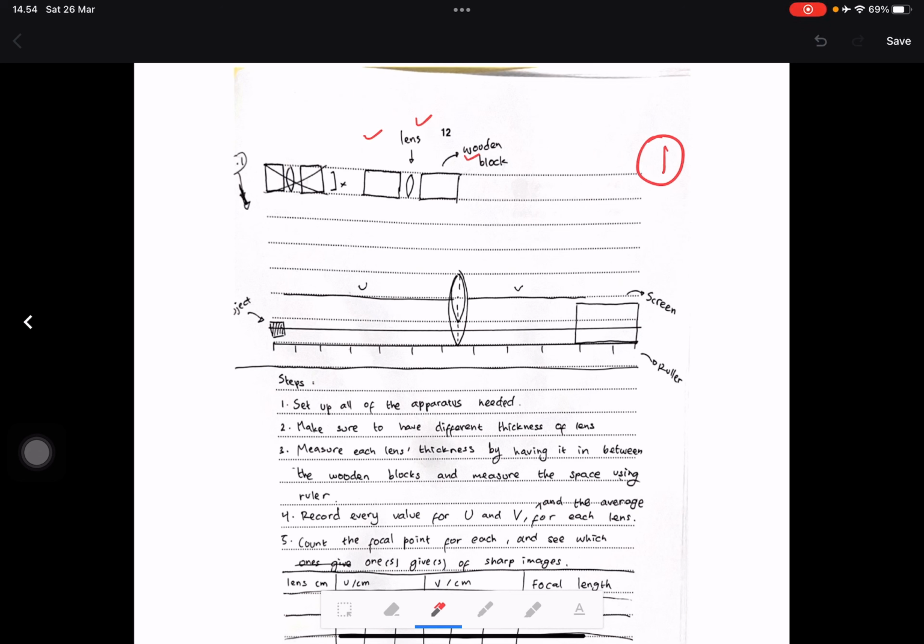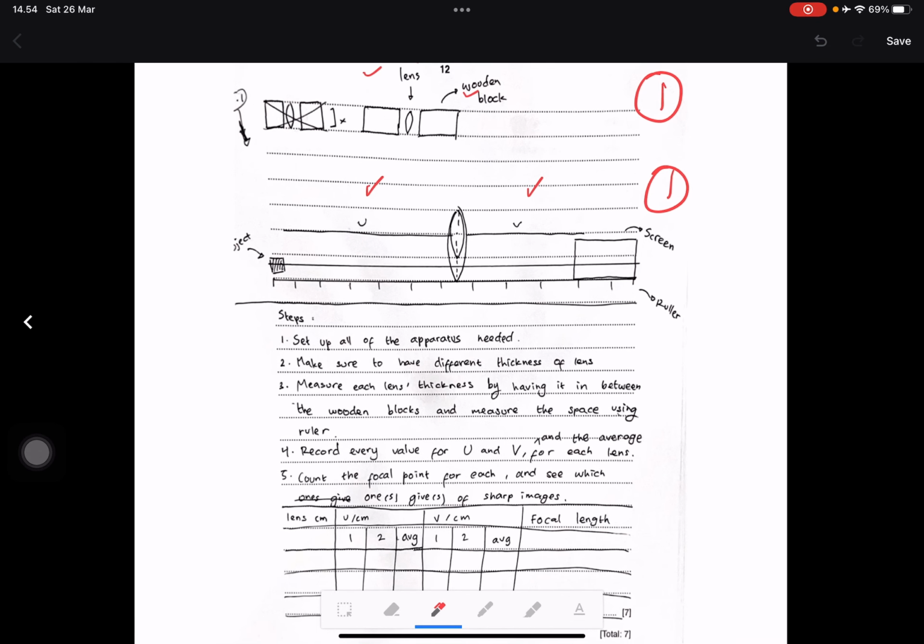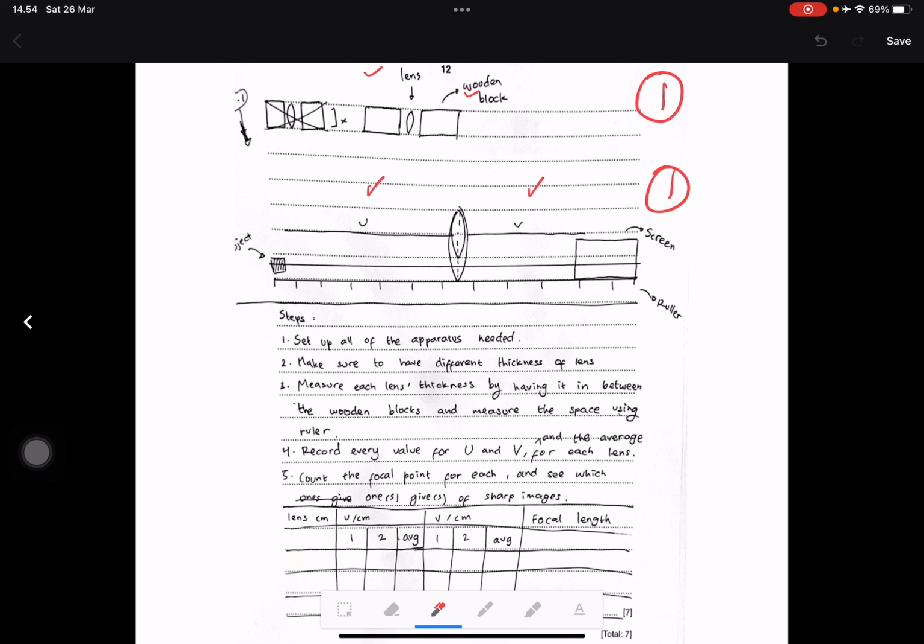Then u and v are correctly labeled on the diagram. This is 1 mark. Set up, make sure you have lenses of different thickness, measure the lens thickness by placing it between wooden blocks and measuring the same using a ruler. Record every value. Oh, this one they get 1 mark.